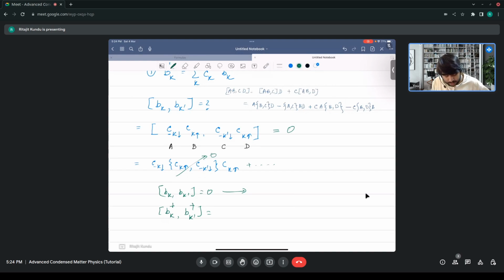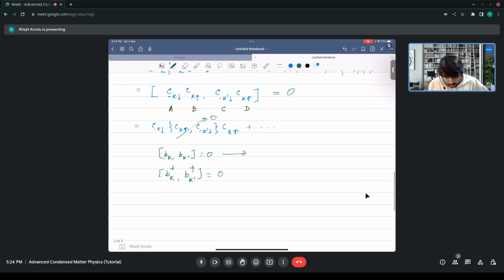So then this also boils down to 0, right? Now let us try to evaluate the commutator of b_k and b_k'^†. Let us take two cases. Let's say when k is not equal to k prime.